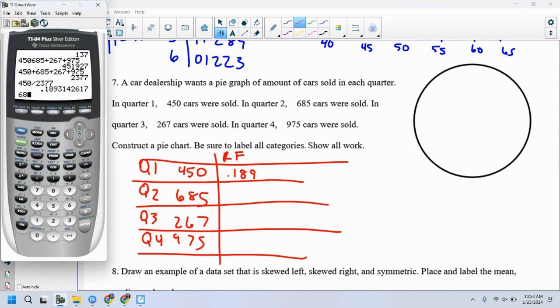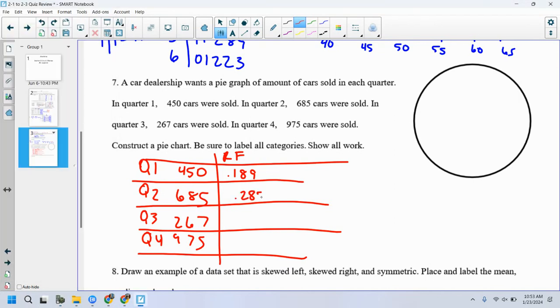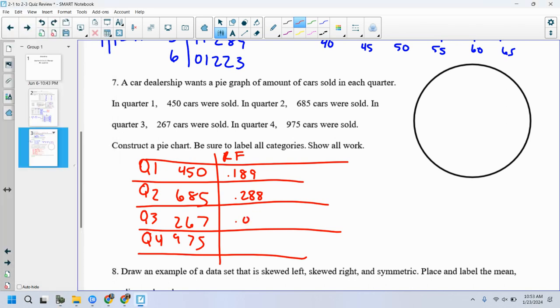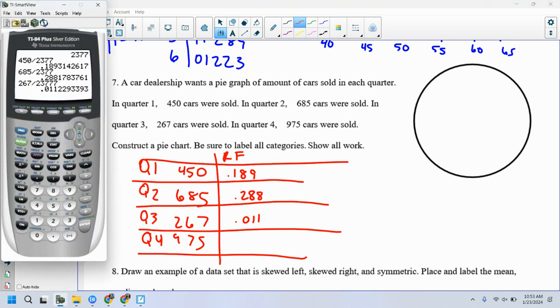685 out of 2377 is 0.288. 267 out of 2377 is 0.011. Oh, I was going to say, wait, that's way too small.